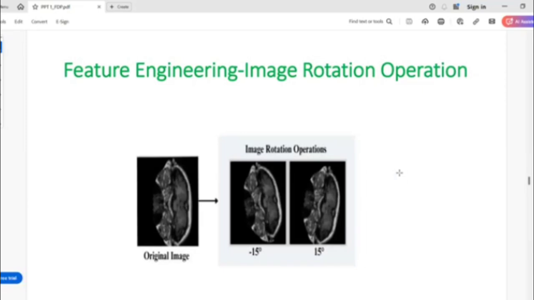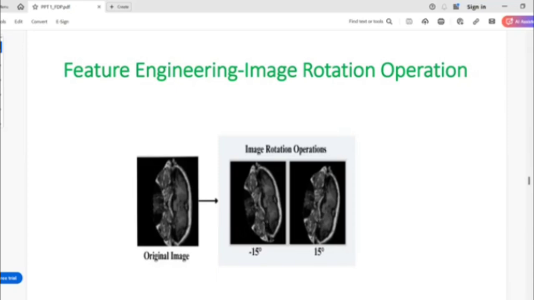Next, rotation. This is my original image. Rotation is nothing but changing the angle. It can be a positive angle or a negative angle. Basically, it is a two-dimensional diagram, and it can be rotated to the negative side or the positive side. In both ways, it is possible. In this example, this is one image. I'm converting it into minus 15 degrees, this is the second image.